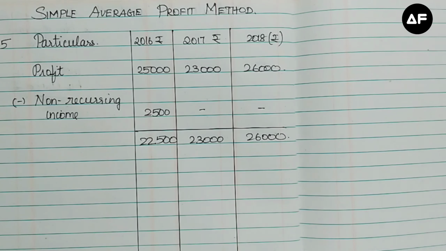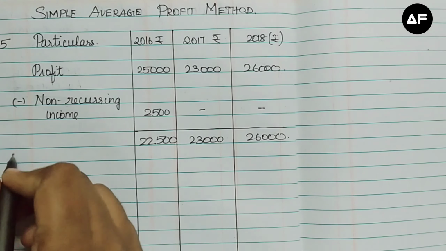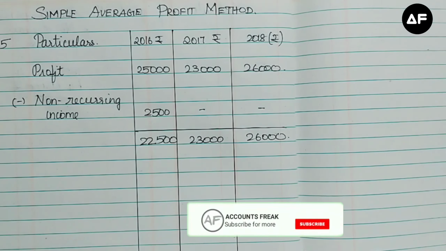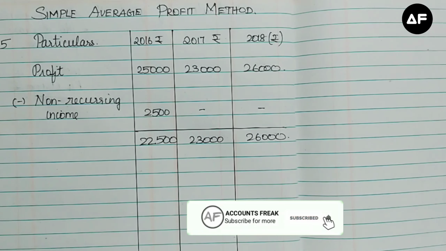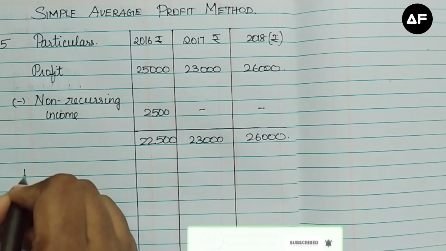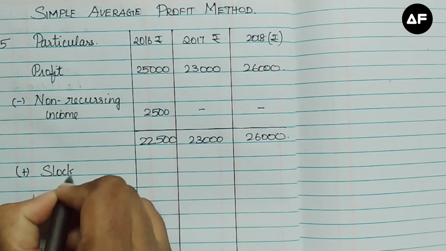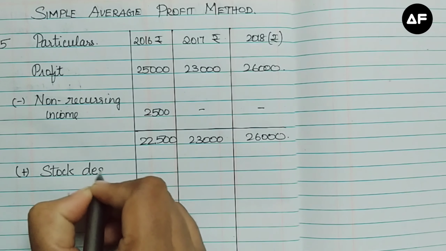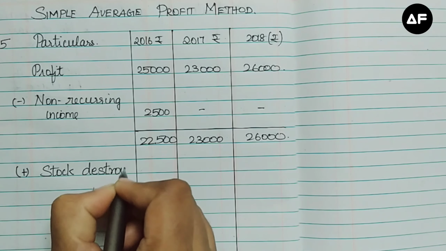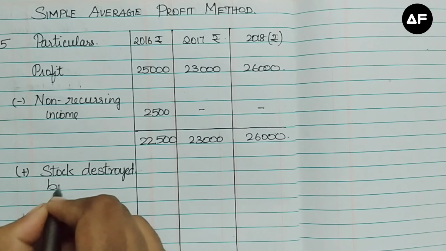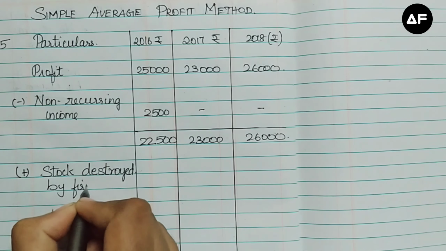Next point we have, in the year 2017 the stock was destroyed. So any destruction or loss in the firm has to be added up to the year. So we are going to add the stock which has been destroyed in the firm. So stock destroyed by fire.